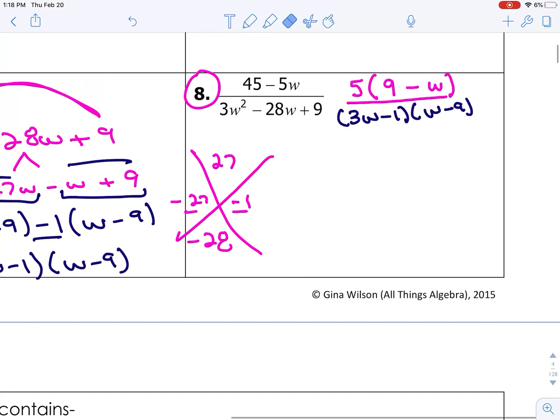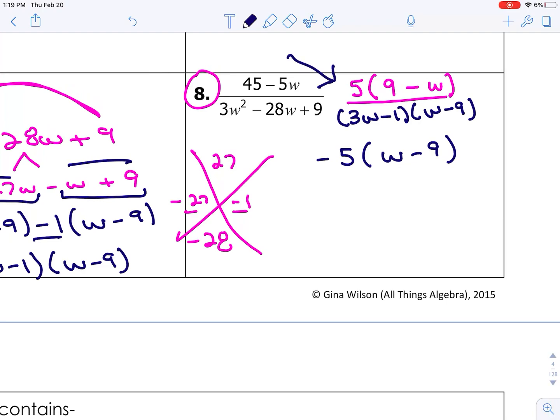But you can see here, we have the same situation going on where they seem to match, but they don't quite match. So we have to remember what we did in the previous problem. So the pink numerator, we have to factor a negative 1 out of the top, which would give me negative 5 parentheses w minus 9, because that's going to turn it into an equivalent expression.